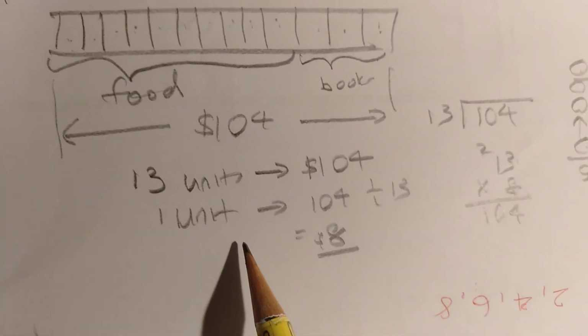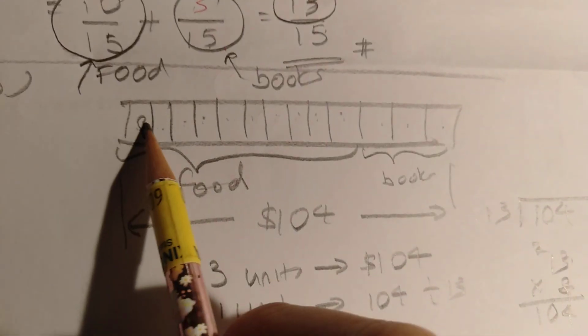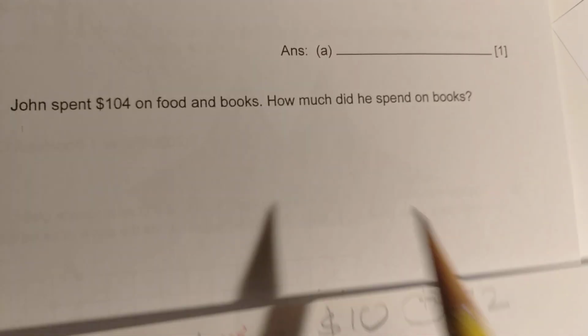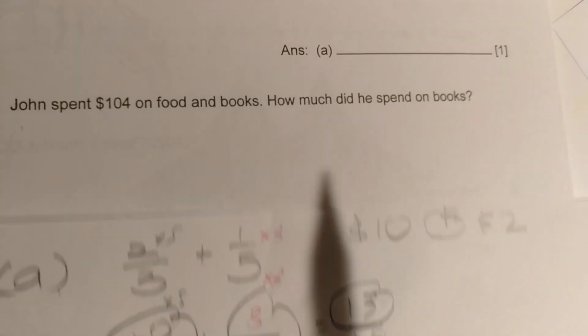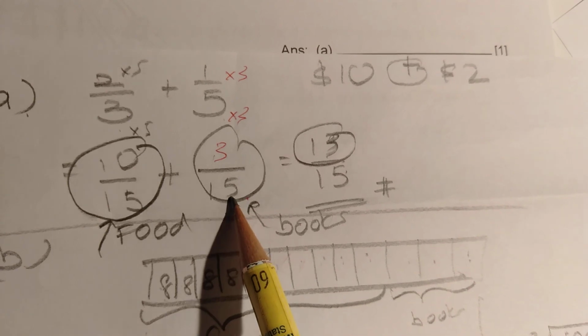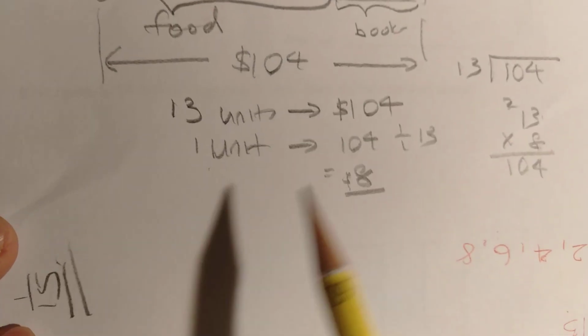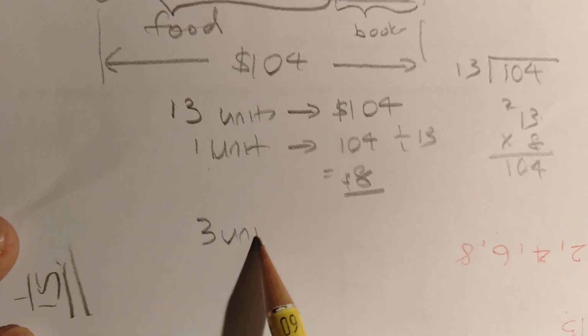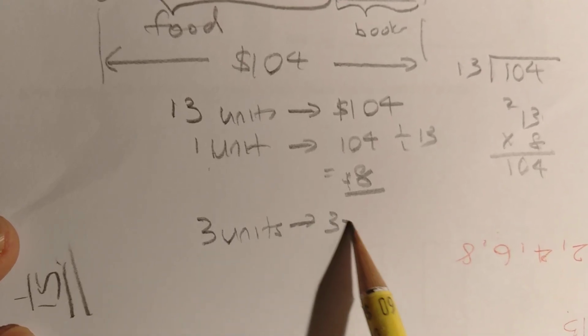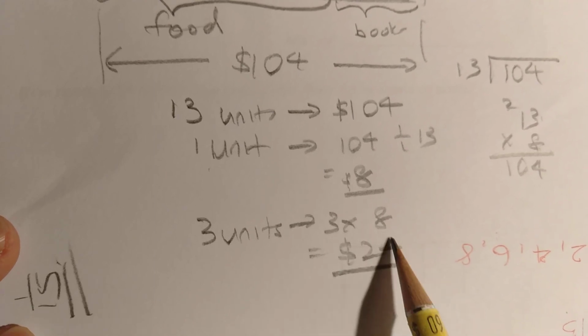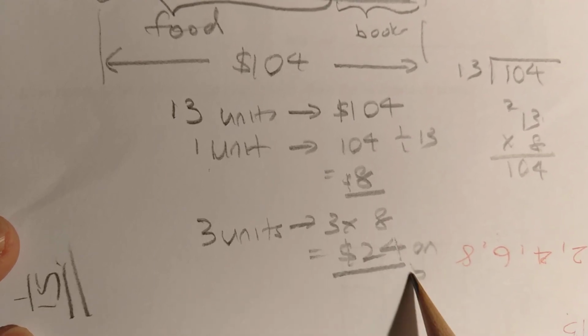Okay, so 1 unit is 8, that means it is 8, 8, 8, 8, and so on. So the question says, how much did he spend on books? Well, he spent 3/15 of it on books, so I need to know 3 parts. If one part is $8, then 3 parts or 3 units will be 3 times 8, which is $24 on books.